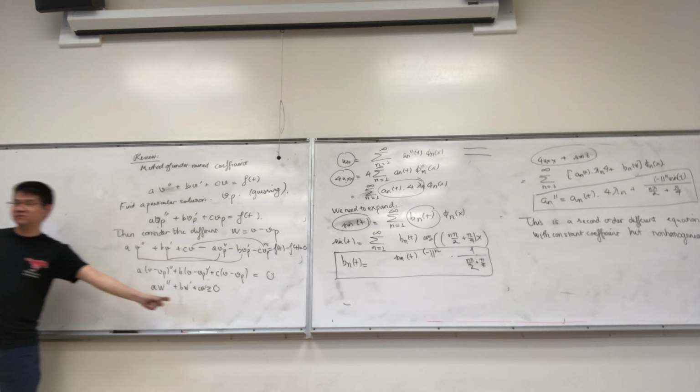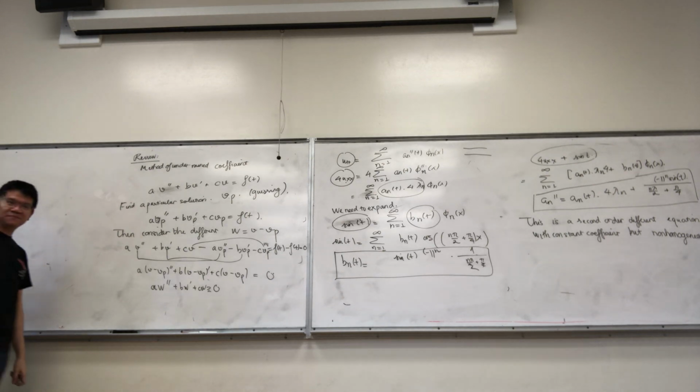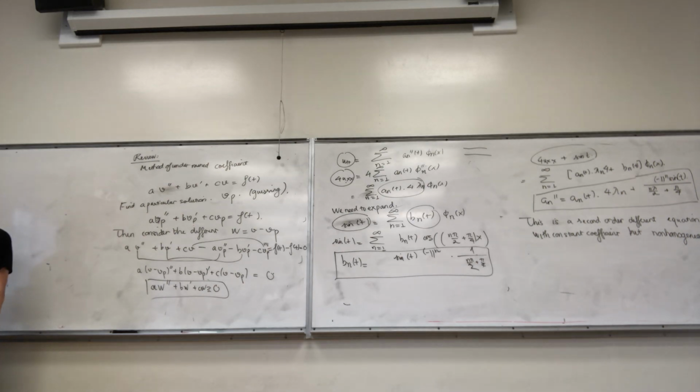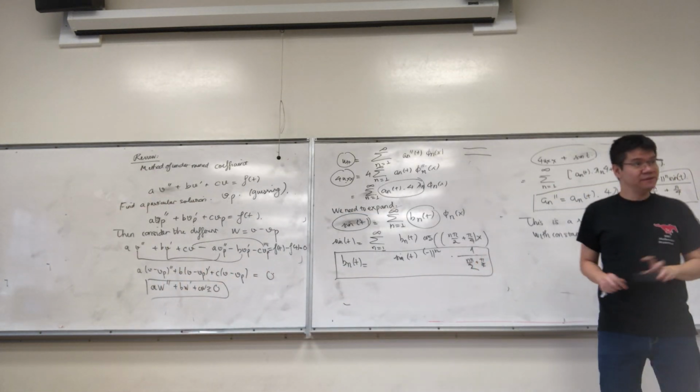How can you solve this equation? How do you find W? Yes, the characteristic equation. So this is the method of undetermined coefficients, and we're going to use it to solve this equation.